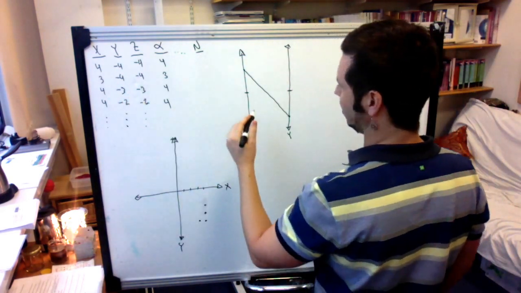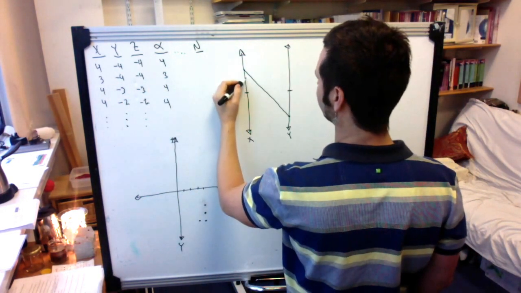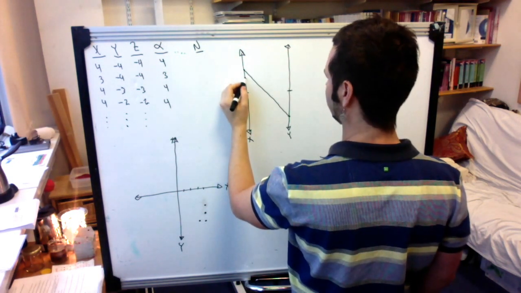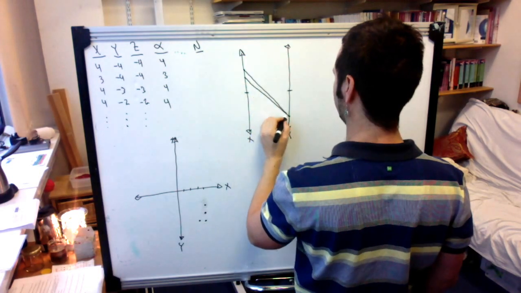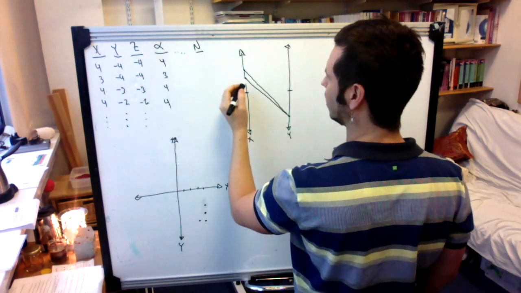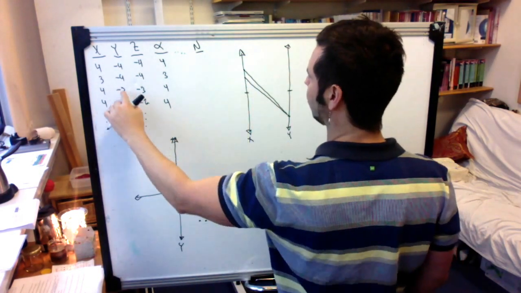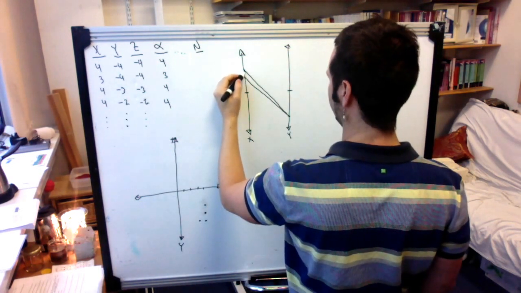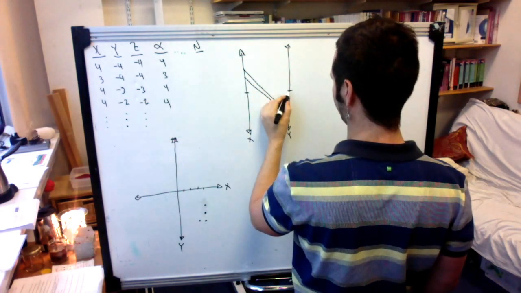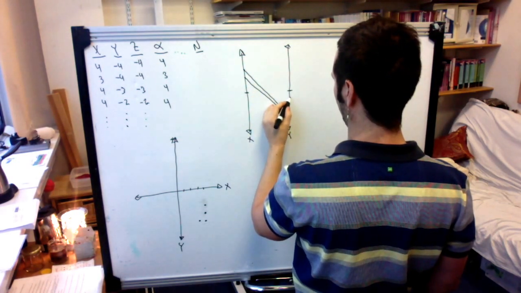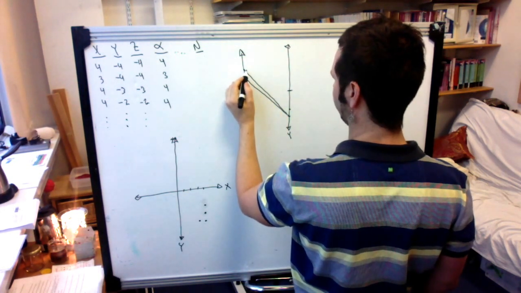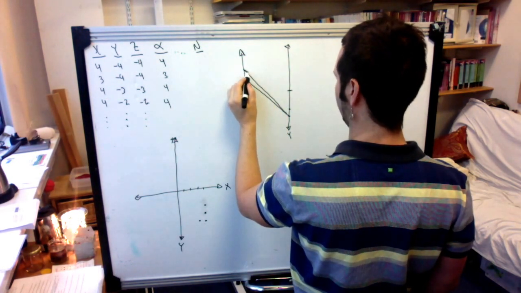And the same goes for the other points. Move up 3, 1, 2, 3. Move down, connect it to -4, and we have something like that. Here we again have 4 and -3, so we move up 4 units, and this time we move down 3 units. So we have 4 and 3.